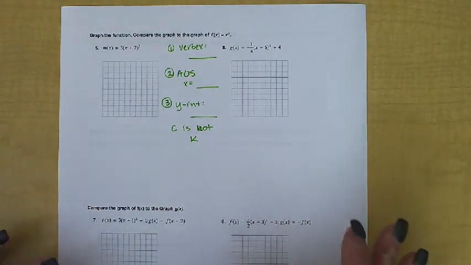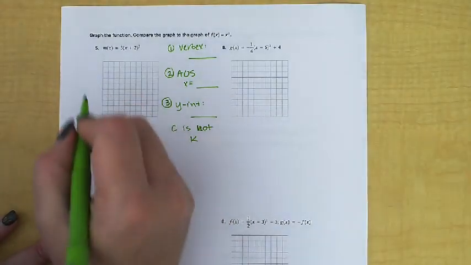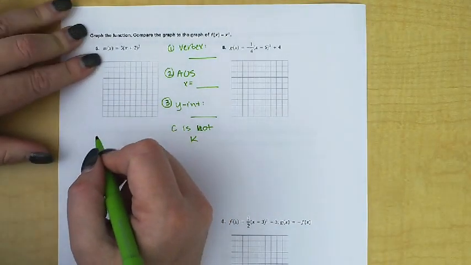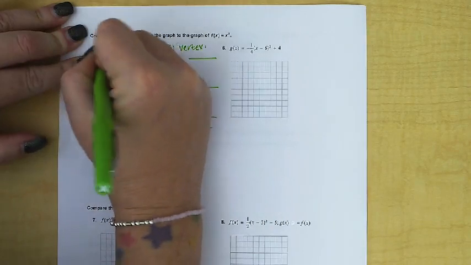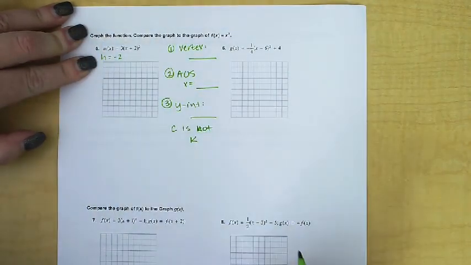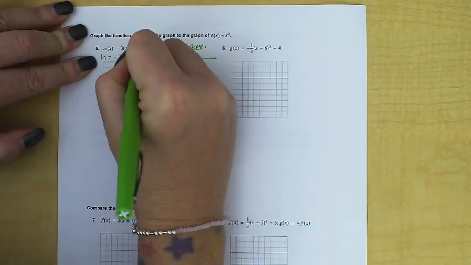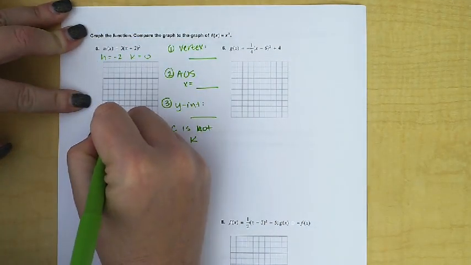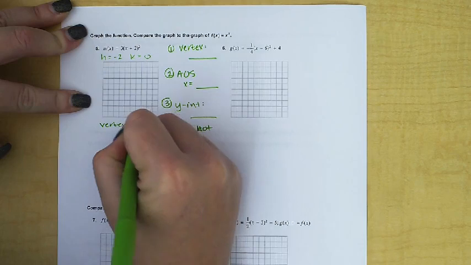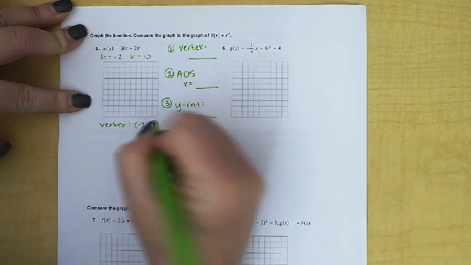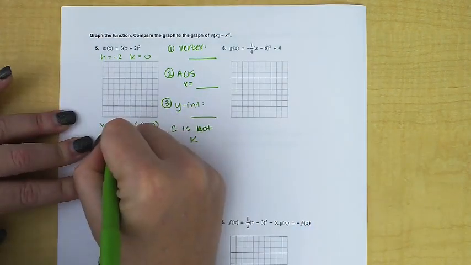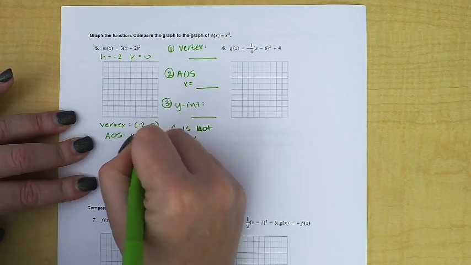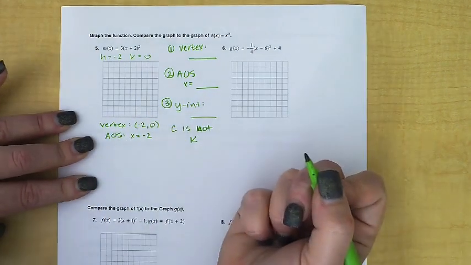So let's look at this first one. And we know that up here we have an h of negative 2 and a k of 0. That's going to give our vertex as negative 2, 0. Our axis of symmetry is x equals negative 2.